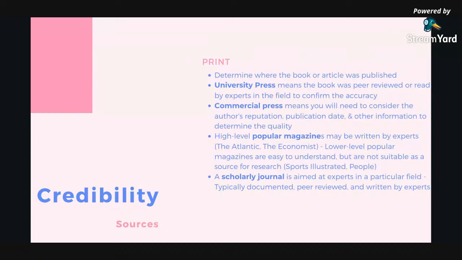It's aimed at experts in a particular field. It's typically well-documented, it's peer-reviewed, and it's written by experts. And so that's definitely the kind of stuff that you can pull up from Google Scholar. They are scholarly articles or journals that have been written, and they're usually pretty solid sources.